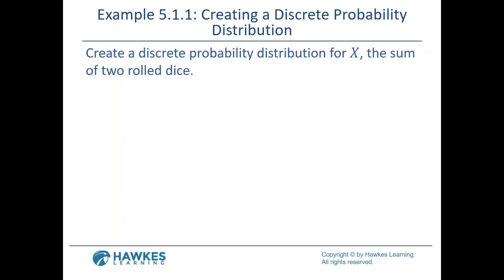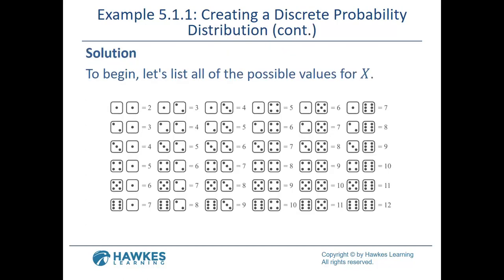We're going to create a discrete probability distribution for x, and our x, our random variable, is going to be the sum of 2 rolled dice. So x itself is the sum of 2 rolled dice. We're going to begin by listing every possibility that we could have for those sums. When I talk about big X, this is all of these, and I can't list out every single one.